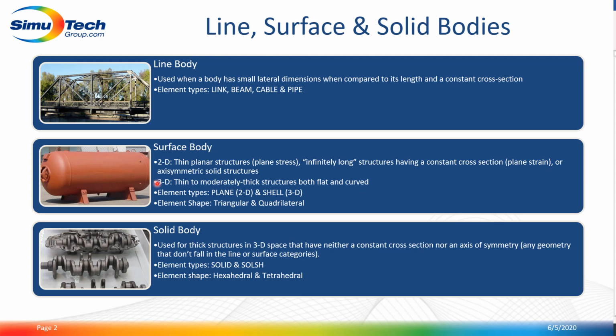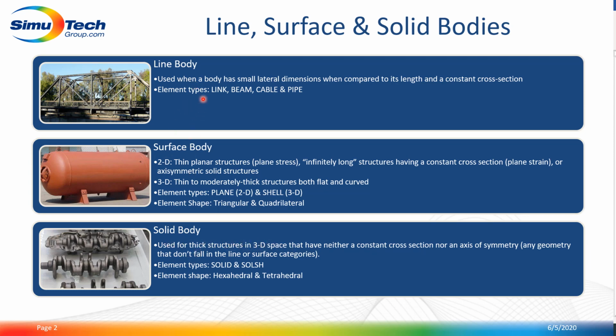We also have 3D bodies that are used to model thin to moderately thick structures, both flat and curved. The element type associated with the 2D bodies is the plane, and the element type associated with the 3D bodies is the shell.